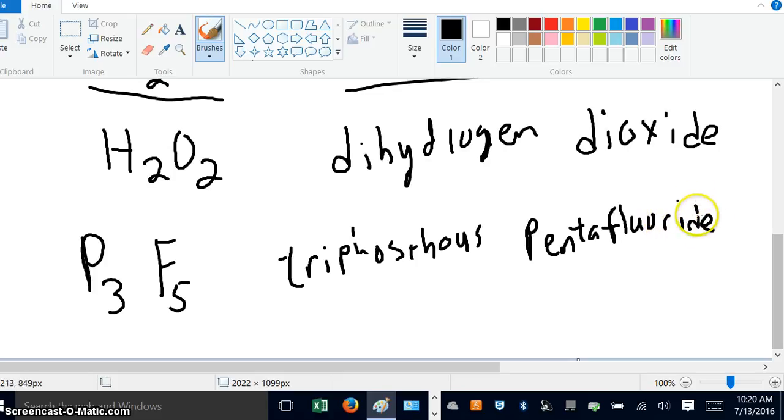Remember, you don't say fluorine, you say fluoride, because the second thing is in the periodic table. All right, and that's about it. The covalent ones are much easier to name than the ionic bonds. But the big thing is really just identifying, saying, oh, okay, this is a nonmetal. This is a nonmetal.